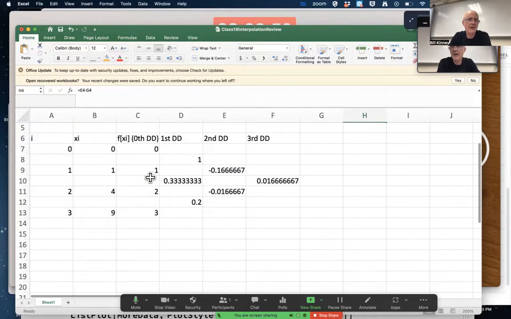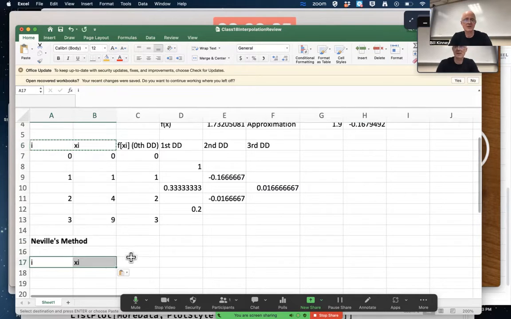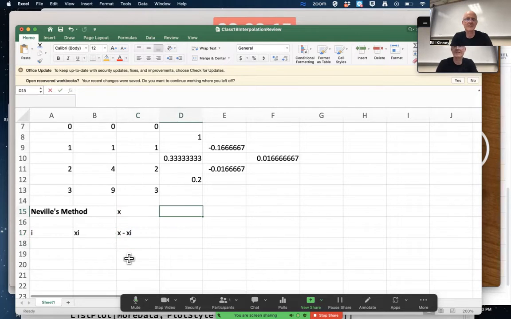Yeah, let's now review Neville's method. It is good with Neville's method to also have a column for x minus xi, just as a convenience. Once again, x is 3. We have the funny notation with the p's and the q's.